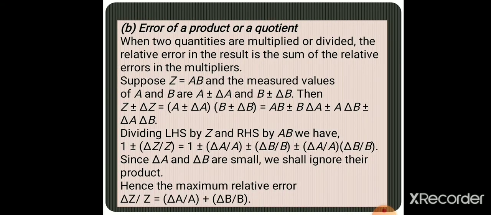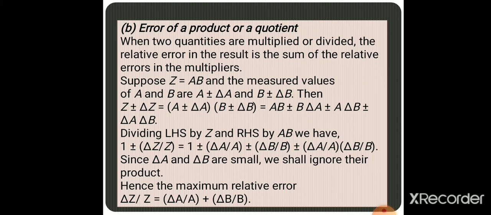Coming to error of a product or a quotient. When two quantities are multiplied or divided, the relative error in the result is the sum of the relative errors in the multipliers.